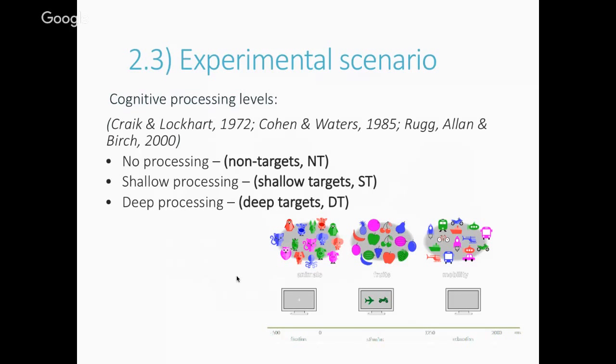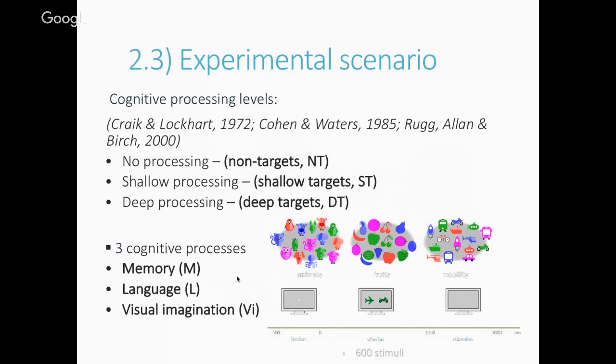And separately, three cognitive processes are investigated: memory, language, and visual imagination. And three categories: animals, fruits, and mobility are considered for the stimuli, and different colors. And the structure of the paradigm is similar.